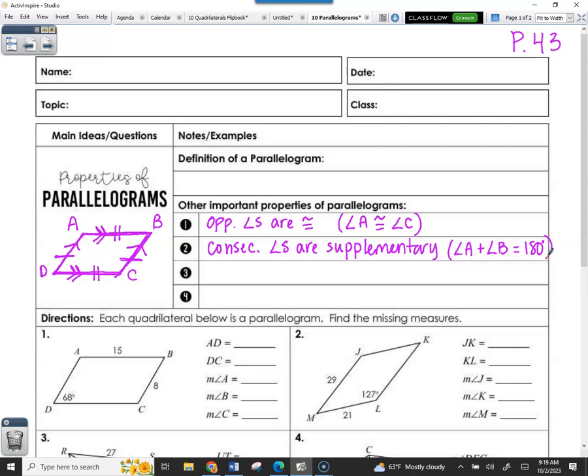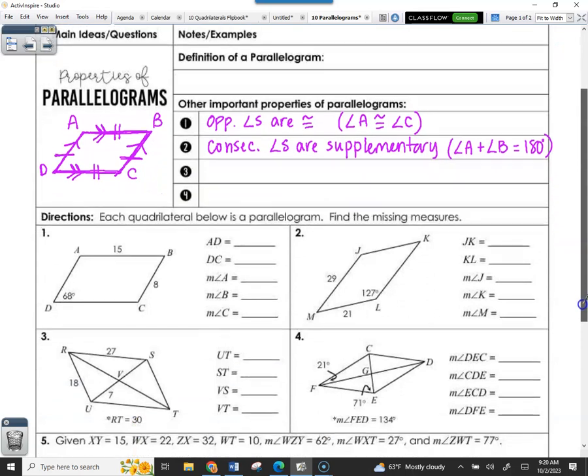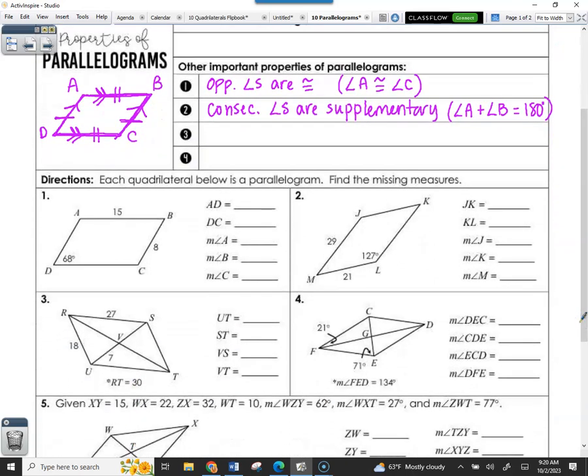The other two boxes you can fill in with opposite sides are parallel, opposite sides are congruent. 1. Each quadrilateral below is a parallelogram. Find the missing measures. Remember the difference between a segment versus an angle. Segments have 2 letters. Angles have the angle symbol in front of them.